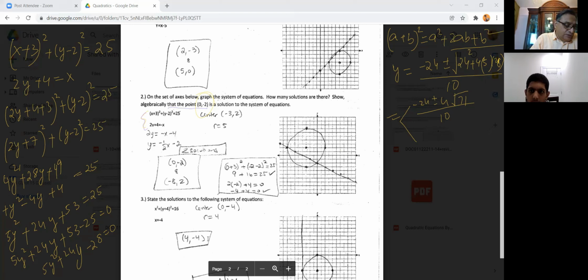Now, 53 minus 25 is what? 28. Oh, okay. I should have written plus 28, sorry. I wrote minus 28 here. Plus 28, but this is minus, so that is 25.